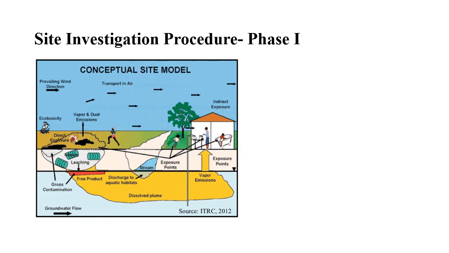This is how the contaminant plume, the entire distribution of contaminants, has taken place. From there, volatilization can happen, vapor emissions take place, and the exposure points have been shown. Here there is a stream which is also getting affected by this. So this model, as you can see, shows you the source, the pathways, and the receptors.